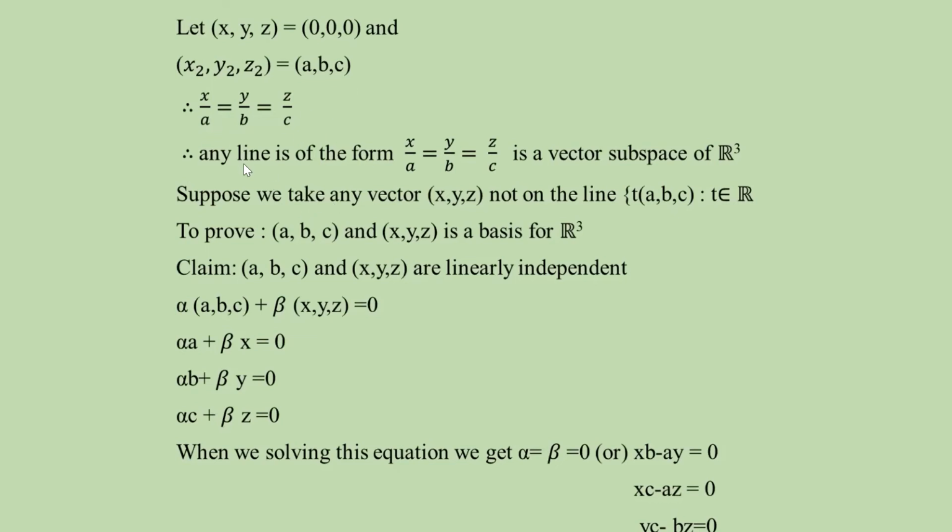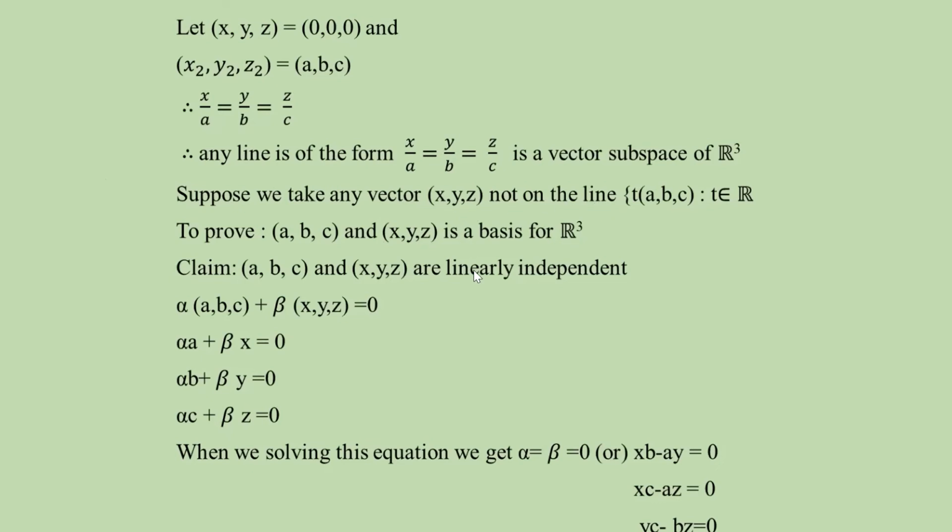And then suppose we take a vector (x, y, z) not on the line t times (a, b, c) with t in R, then what will happen? Let us take an element (x, y, z) which is not on the line.